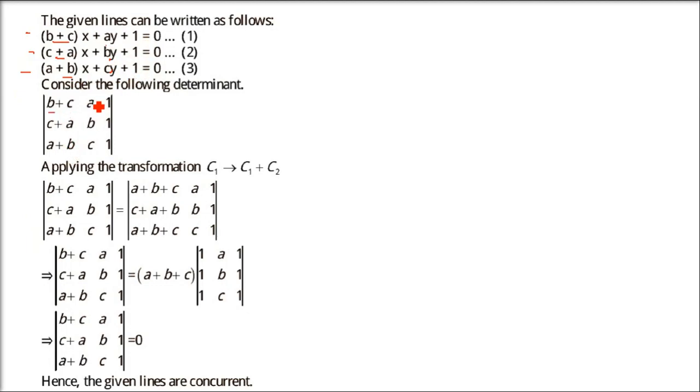So a1, a2, a3, b1, b2, b3, c1, c2, c3, I wrote down like this. Now how to show that it is equal to 0? Let me write it. Start from here: b plus c, c plus a, a plus b, then a, b, c, and 1, 1, 1. So now we will change column 1.